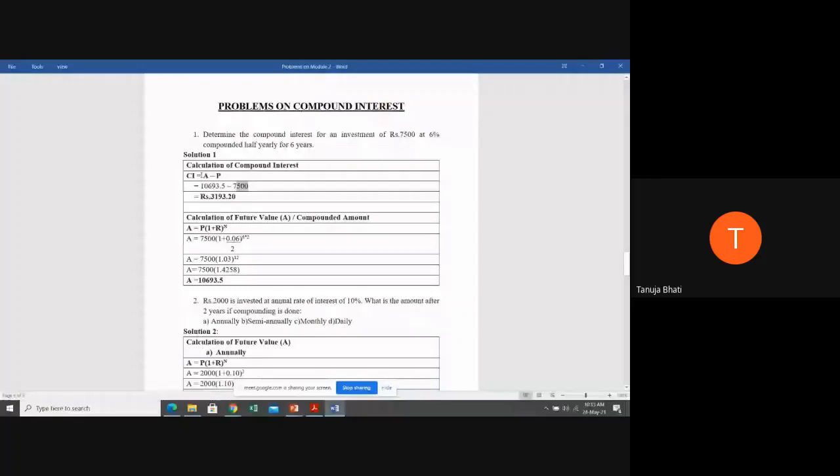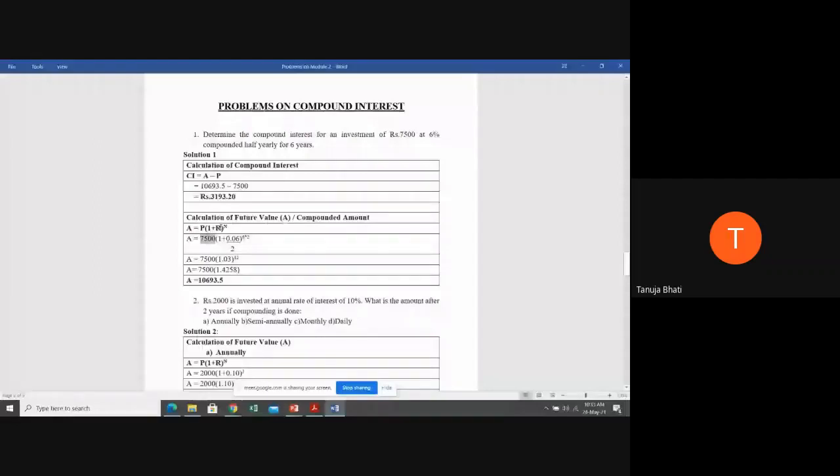So the future value A. The rate of interest is 6% and the number of years is 6 years.